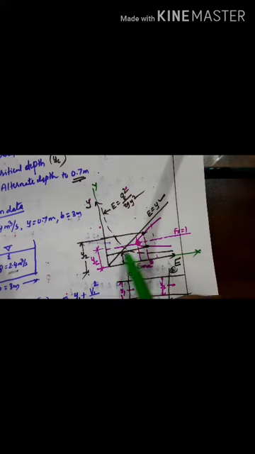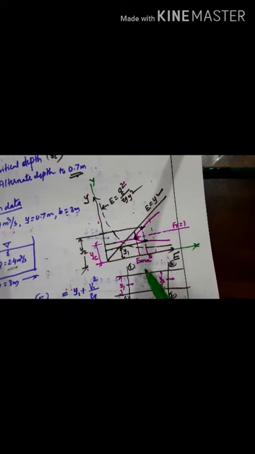At one particular point, if you draw a tangent, the slope becomes zero. Corresponding to that point, the energy you get is called the minimum specific energy, and the corresponding depth is called the critical depth. The line you draw there represents the critical flow line.